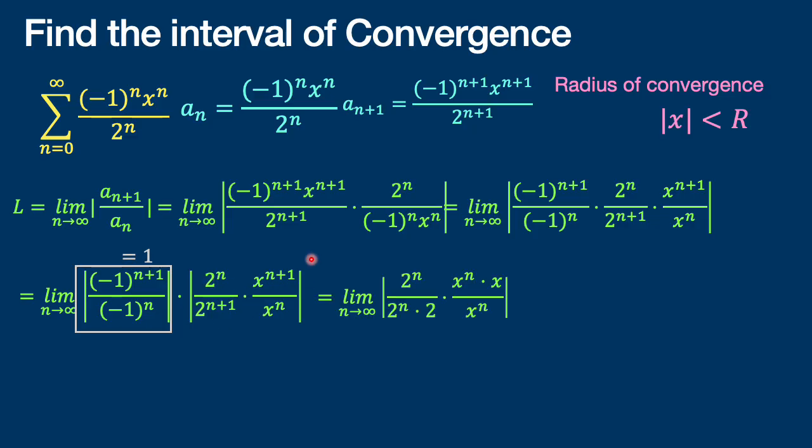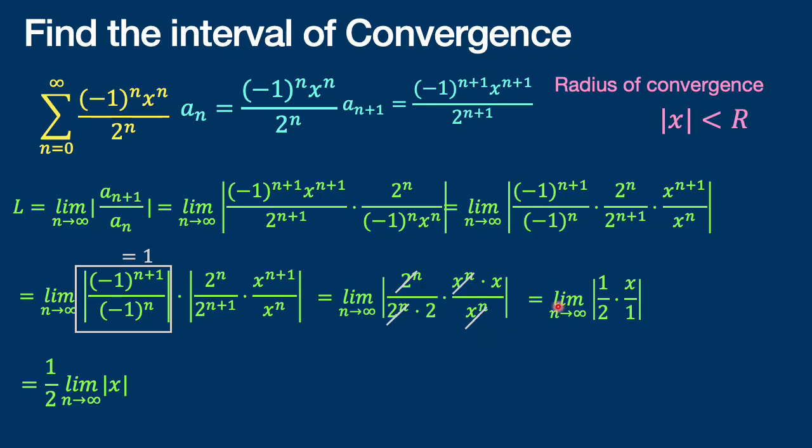Now let's simplify. 2^(n+1) is 2^n times 2, and x^(n+1) is x^n times x. You can cancel out 2^n and x^n. So you have the limit of 1 over 2 times x over 1.